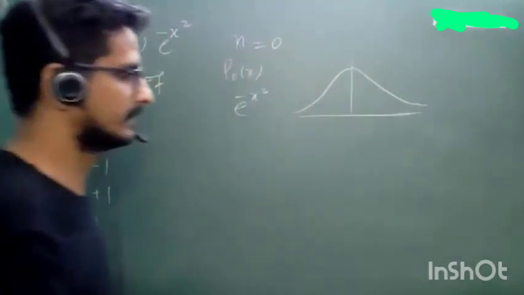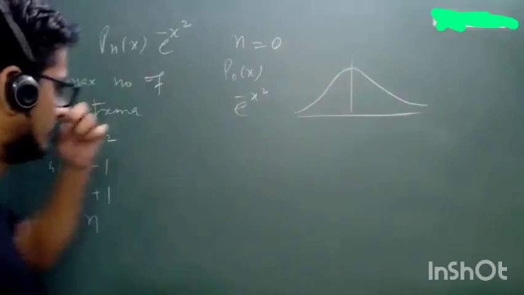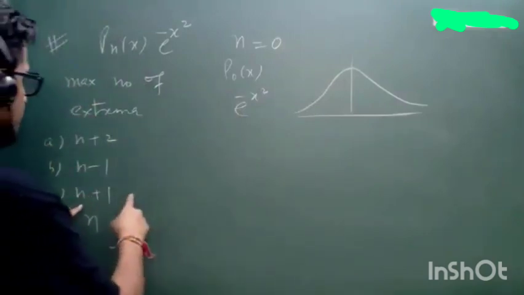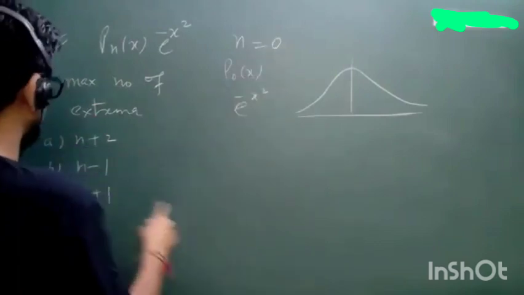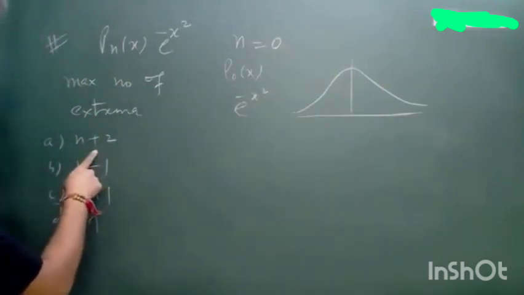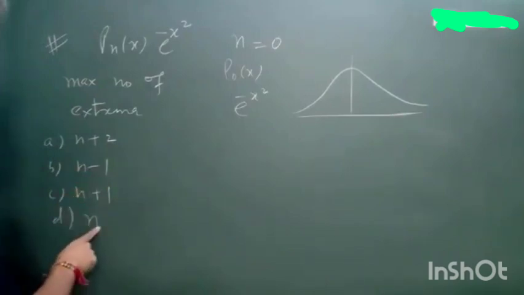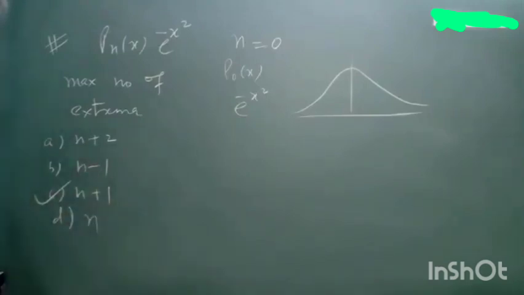The number of extrema is 1. So the answer should be 1 for n equal to 0. So see, n plus 1 has got answer 2, this has got minus 1, this has got 0, and this has got 0 plus 1. So this is the correct answer.